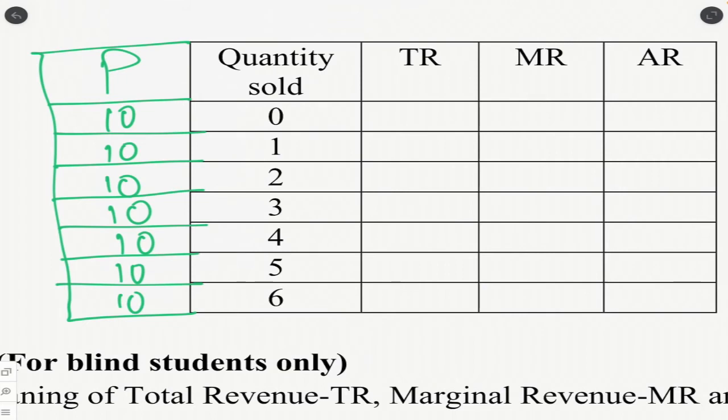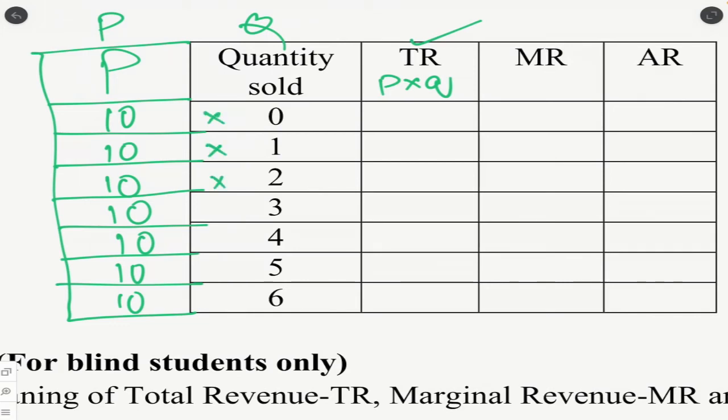So the units sold are 0, 1, 2, 3, 4, 5, 6. It is already given here. So to begin with, what should we do? We should write the formulas to calculate TR. So what is the formula to calculate TR? It is P into Q. So this is P for us, this is Q for us. So we just have to multiply the first two columns.